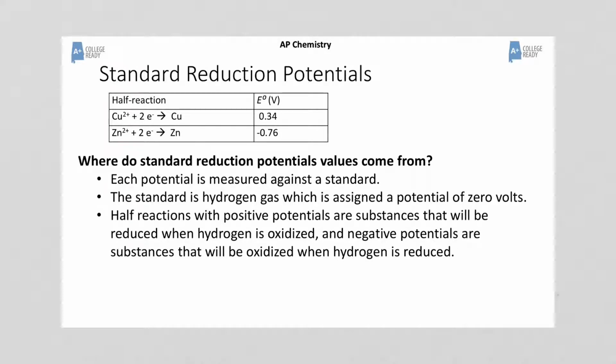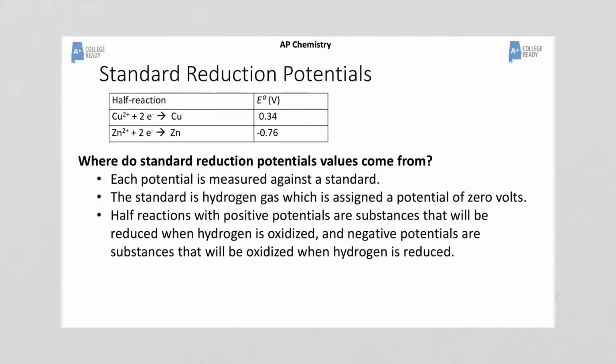I've had students ask me, where are they getting these numbers from? So if you wondered that or not, it's pretty simple. They took hydrogen gas as the standard, and they assigned its half reaction a voltage of 0, and then they put every half reaction against it, like as a galvanic cell, and compared it to hydrogen gas.